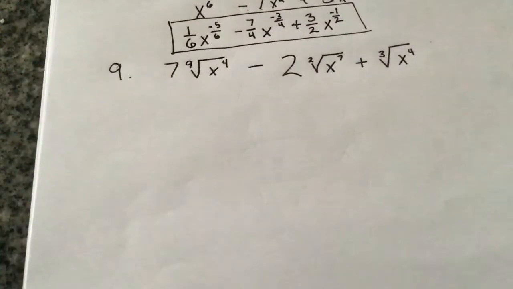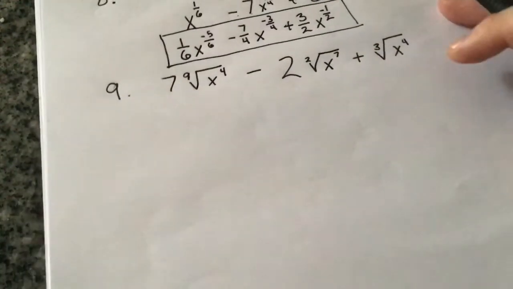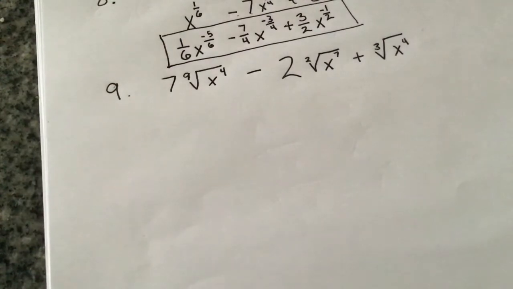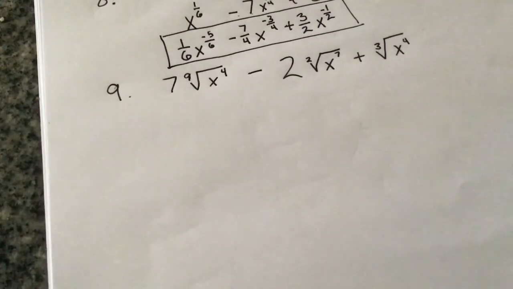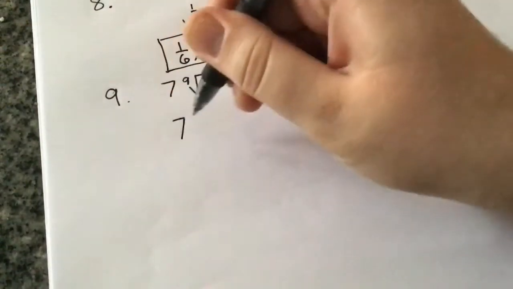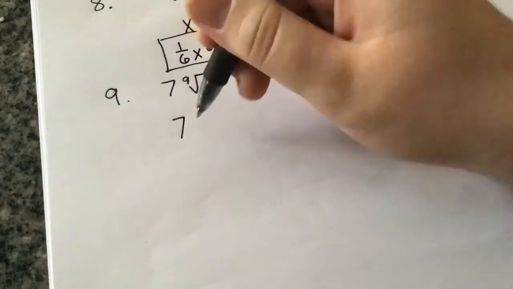We'll find the derivative of this one as well. So I'm going to start by doing the same thing, taking all of my radical variables and rewriting them as rational exponents, or fractional exponents, whatever term you want to use. So we have 7, and then we have 9 and 4 here.